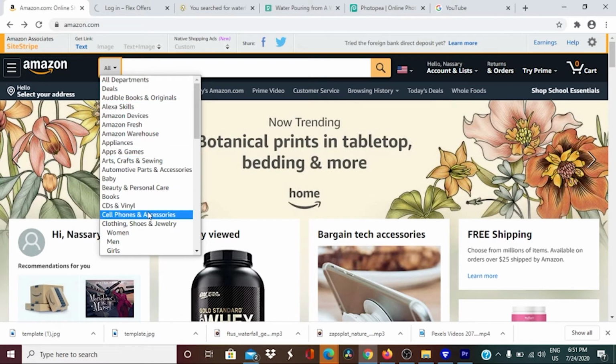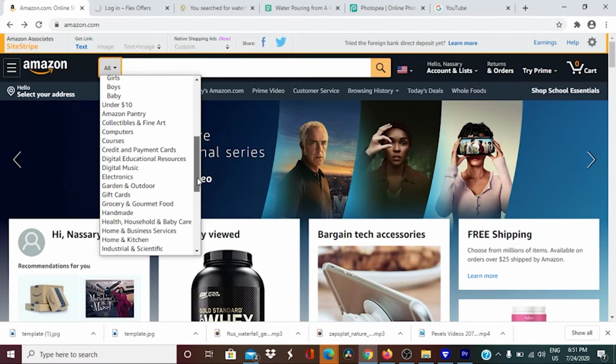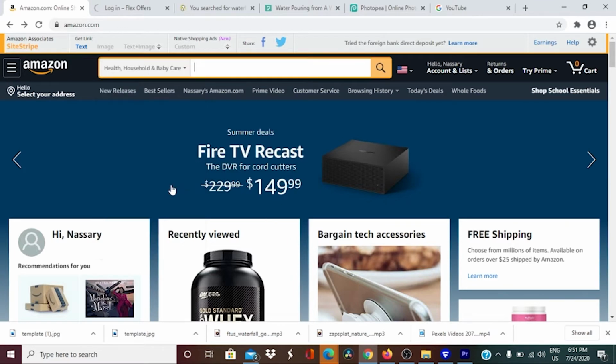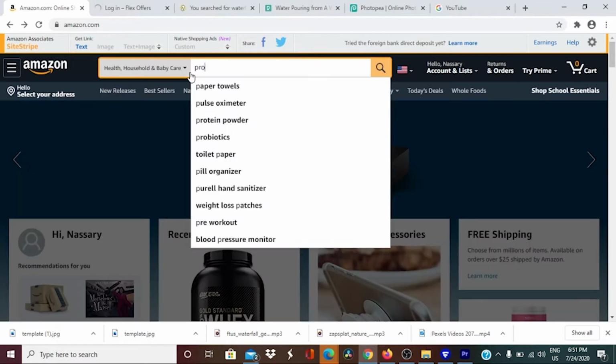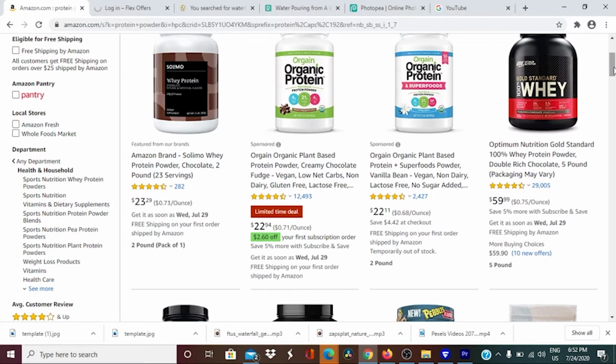Today I was thinking about health and household and protein powder. Protein powders help people to be healthy and lose weight. If it's a supplement or something to lose weight, people like that, because those are the products that keep people healthy. So the products are here.